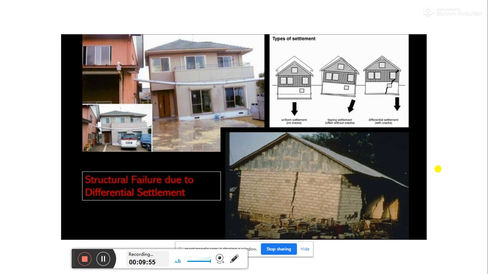These are the structure failures due to settlement, settlement due to consolidation. First consolidation and then settlement.